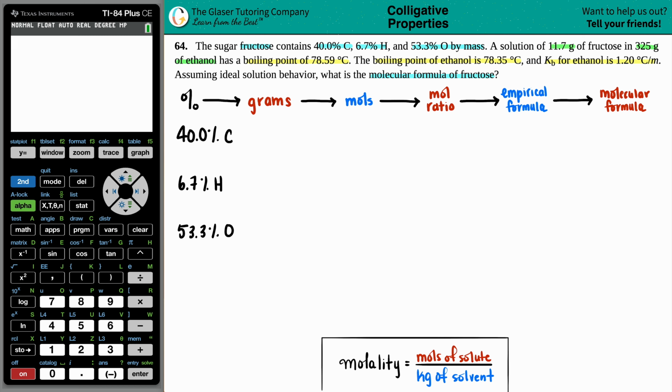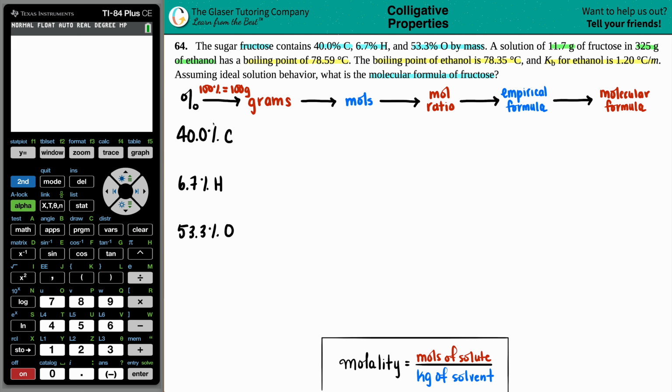Now the first thing is that we just have to convert the percents into a gram value. They did say that these percents were by mass, so that's how we can go from percent to gram. We assume that the total percentage is always equal to 100%. So if we have a 100% sample, I can translate that to saying that my total sample is equal to 100 grams.